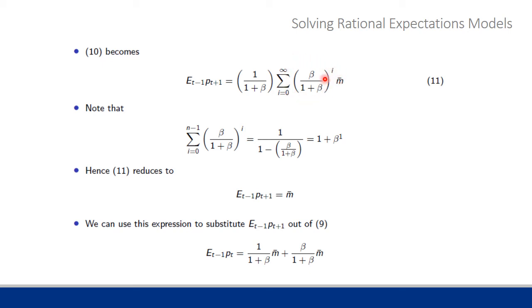For this summation, if we had the sum of a to the i, the solution as n becomes large is 1 over 1 minus a, where a here is beta over 1 plus beta. So the summation of beta over 1 plus beta to the i, as n becomes large, is equal to 1 over 1 minus this term, beta over 1 plus beta. And this is just equal to 1 plus beta. Ignore this 1 here.